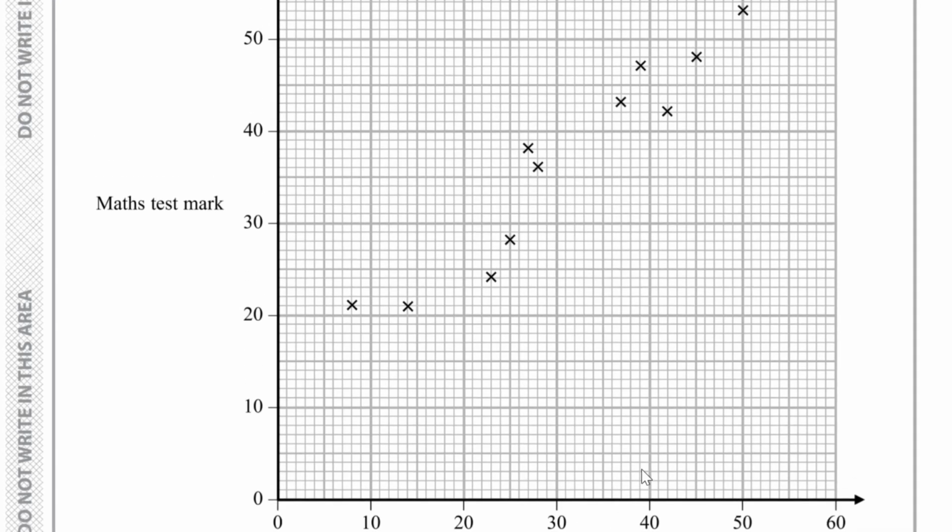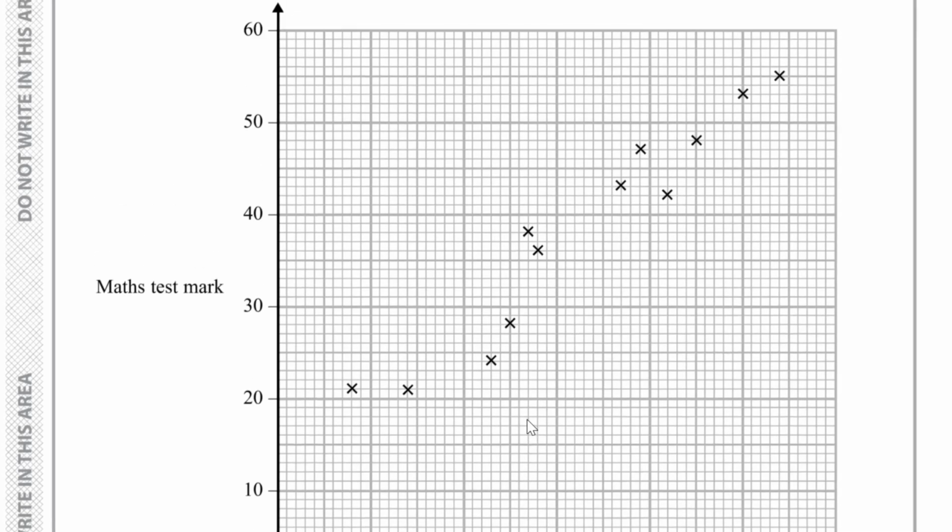So the first thing we need to do is draw a line of best fit. So if we draw a line of best fit, we have something which looks like this. We want about the same number of points above the line as there are below the line. So we might need to make some adjustments, but that looks about right.